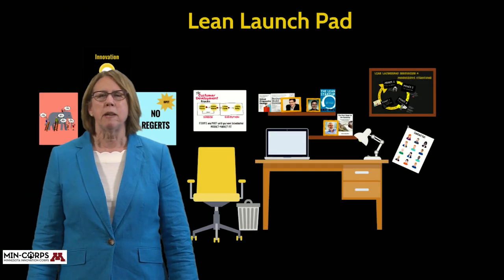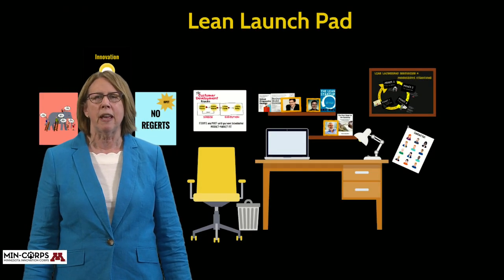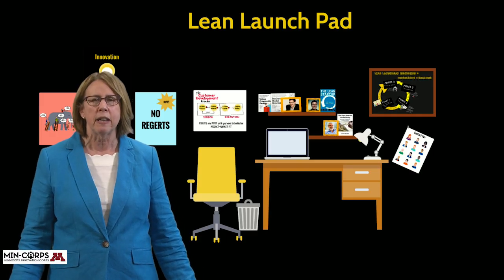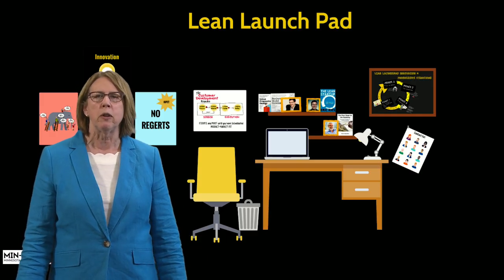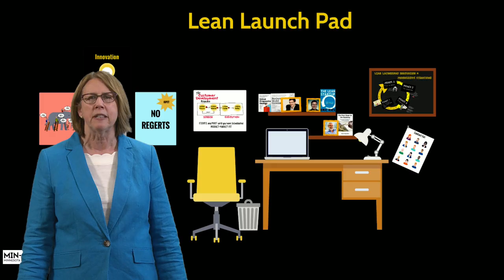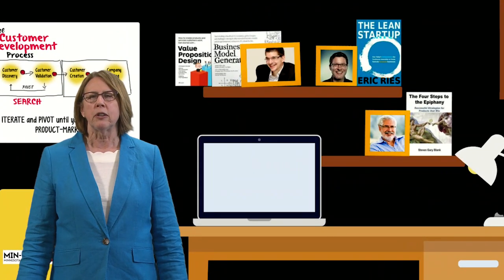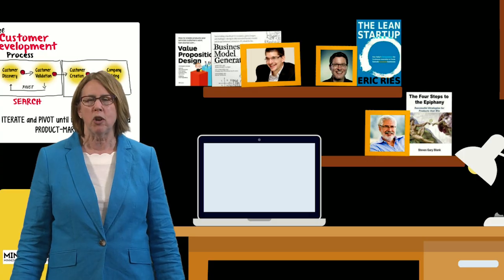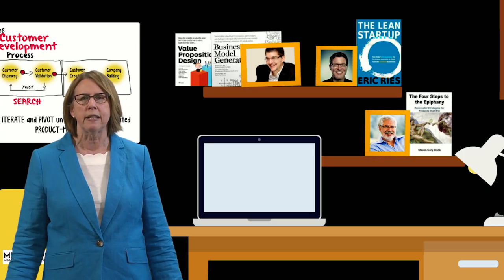This course is based on a methodology called the Lean Launchpad, and what I'd like to do is introduce you to the overall concepts, and the rest of the course will go into detail on various pieces. This is a picture of a whole variety of books and people who are basically the brain trust behind the Lean Launchpad concept.